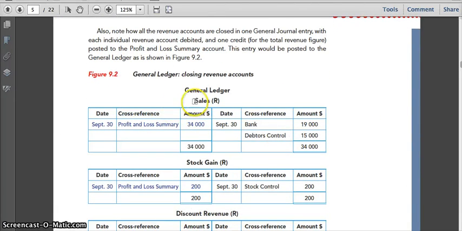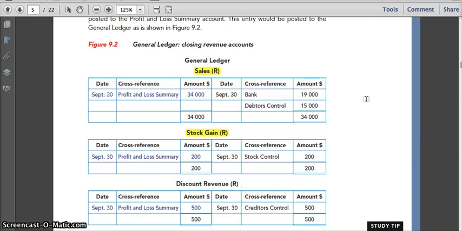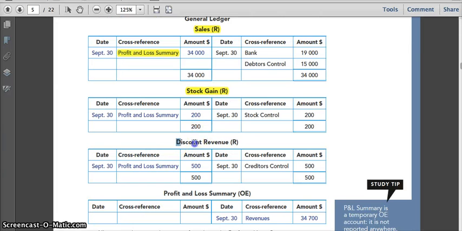In each of the revenue accounts, we put a debit item of the profit and loss summary, which will bring the item back to zero, discount revenue there. And notice here that it is a summary for the total amount.